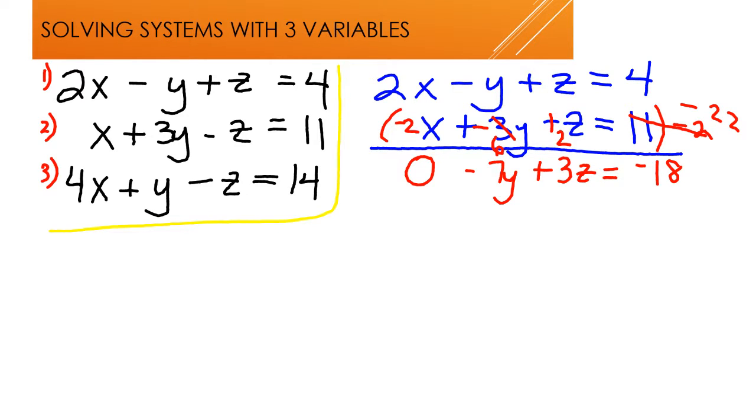Now let's do this again, but instead of using equation 1 and 2 like we did before, now let's use equation 2 and 3. It doesn't matter which equations you use, one of them will be used twice.